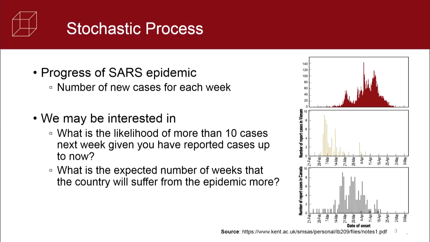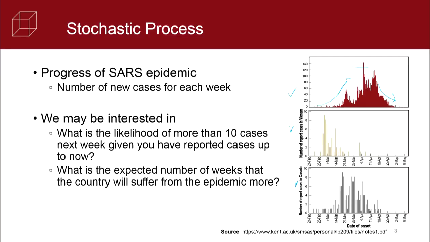The data plotted on this graph show the number of new SARS cases reported each week. The progress or development of the SARS outbreak may vary from one country to another, but we can observe similar behavior or random pattern of initially growing, then hitting the top, and then gradually decreasing.